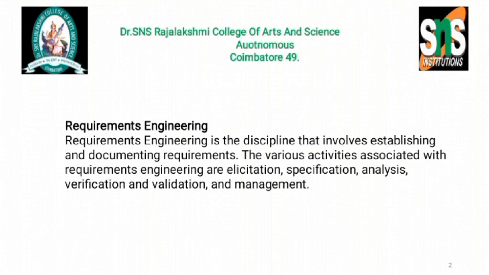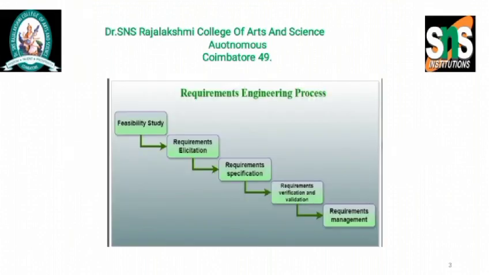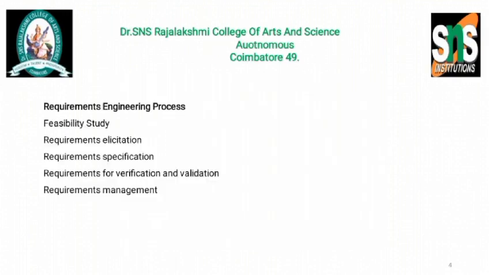The various activities associated with requirement engineering are requirement allocation, requirement specification, requirement analysis, verification, validation, and management. In requirement engineering, we have different types of process: feasibility study, requirement allocation, requirement specification, verification, and requirement management.